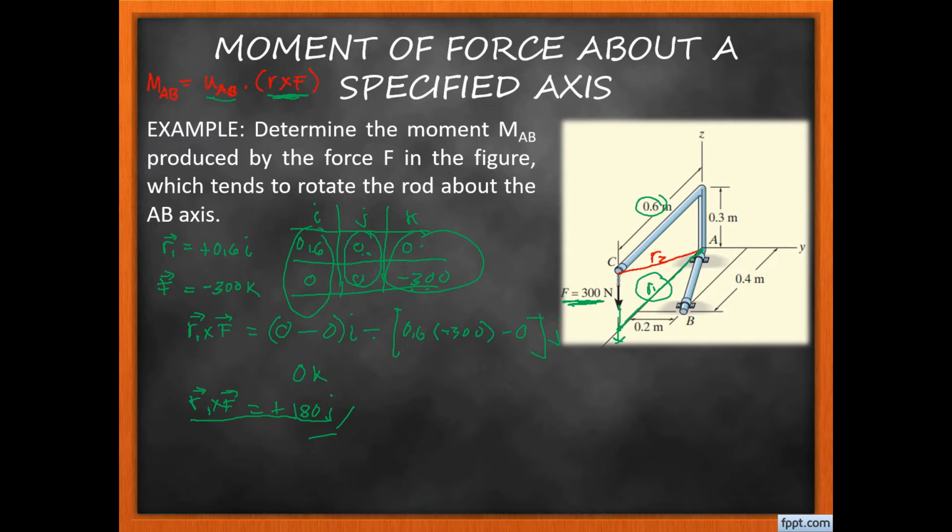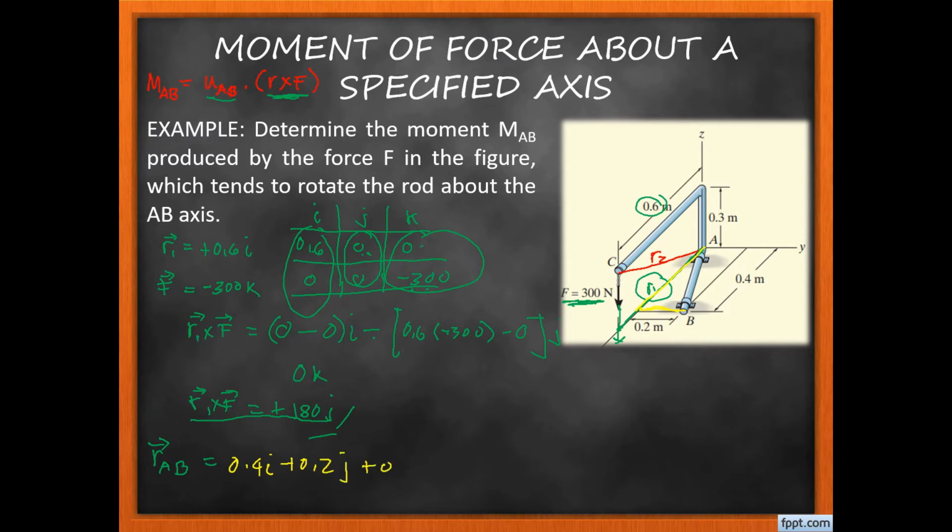So para makuha natin yung unit vector along AB, kunin natin yung position vector along AB. So yung position vector natin along AB is equals to, so magta-travel tayo mula doon sa A. Travel tayo mula sa A ng 0.4, 0.4i. Then magta-travel tayo papunta doon sa Y ng 0.2j. So sa K tayo, wala na tayong travel, kaya 0 na siya.